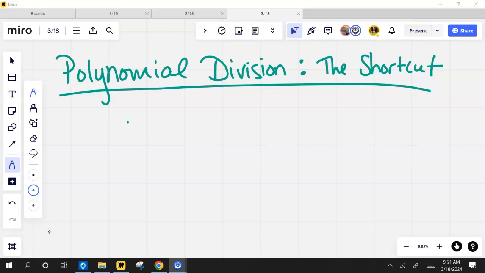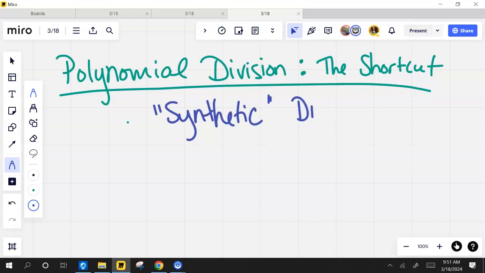All right, here we go. This is what we call synthetic division. It only works sometimes, but that sometimes that it works is the majority of when we use it.